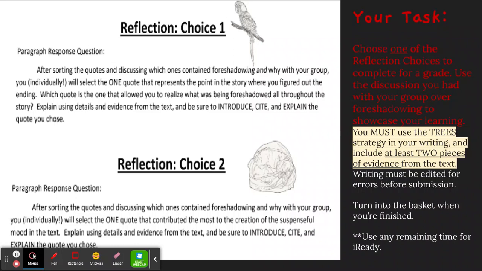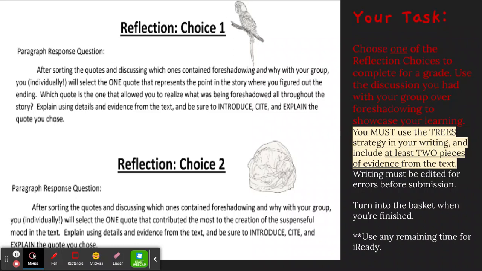When the teachers say, you will decide whether to answer reflection 1 or reflection 2. The teachers are going to go over what each reflection is about, so you can decide which one best fits your group's discussion topic today, or your level of knowledge about foreshadowing in this story.